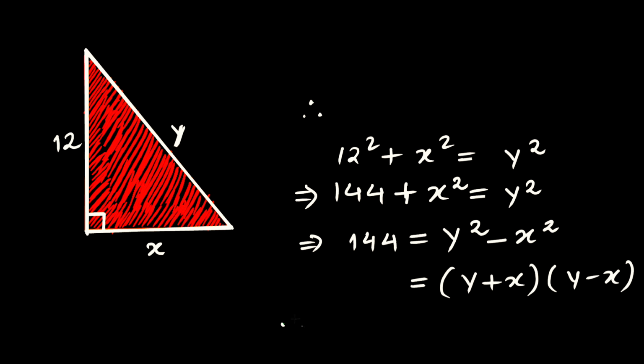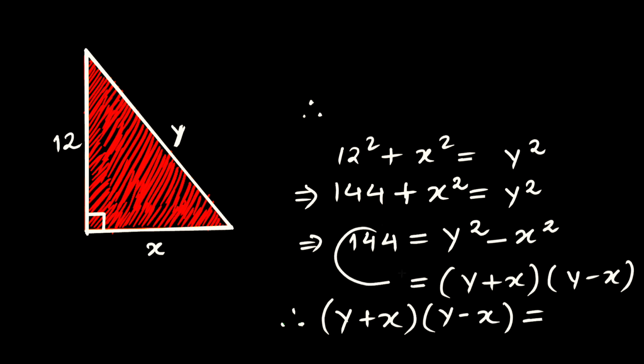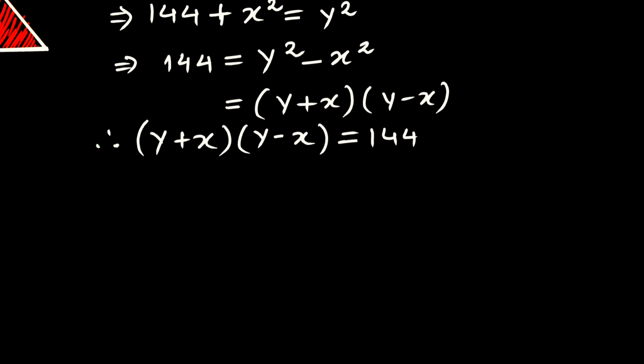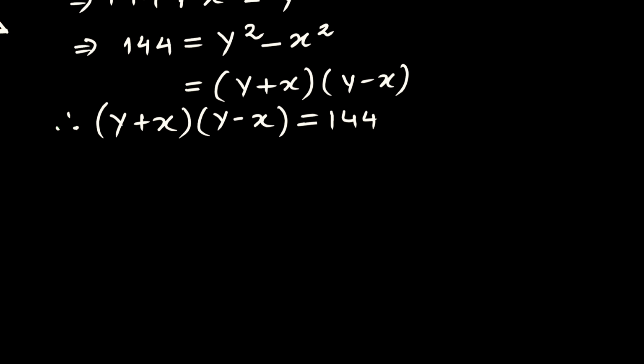So now we have (y plus x)(y minus x) equals 144. This is the key step of the entire problem. Since x and y are positive whole numbers, both factors must also be positive whole numbers.